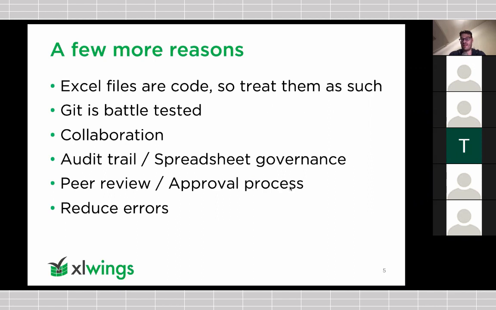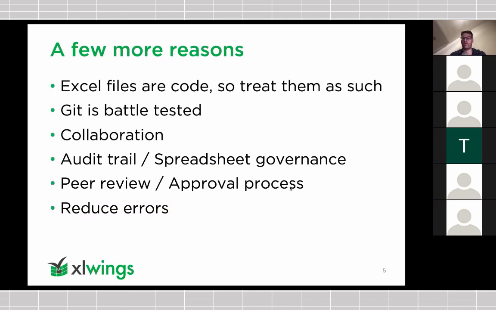Git is also a good option for collaboration. So if more than one person works on a file, then it helps you to see who made a change, why they made a change, and when that was, and then hopefully also what they changed. And then you also check a few boxes like the audit trail box.